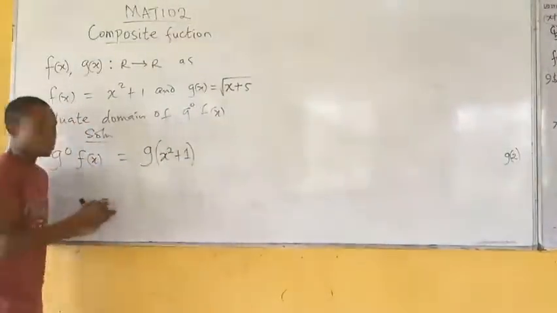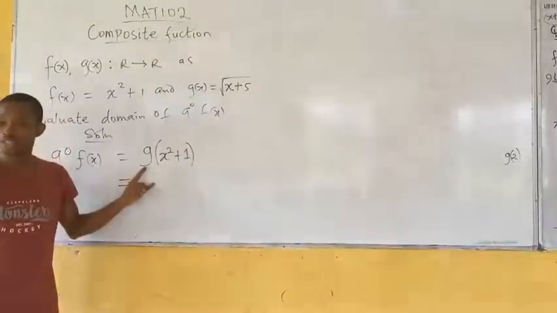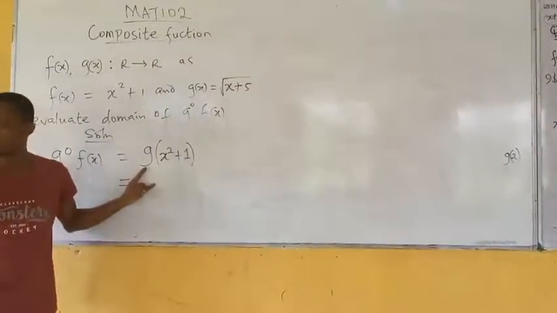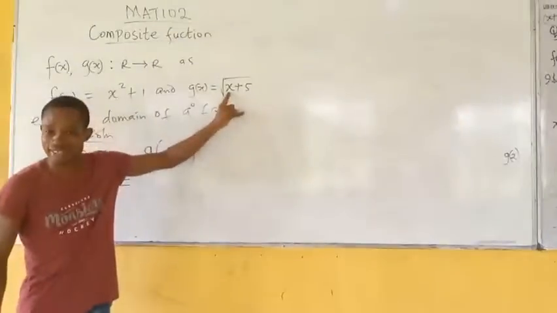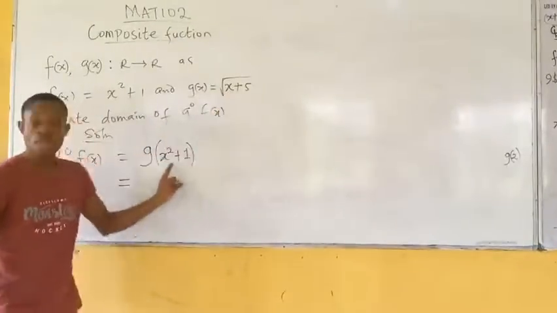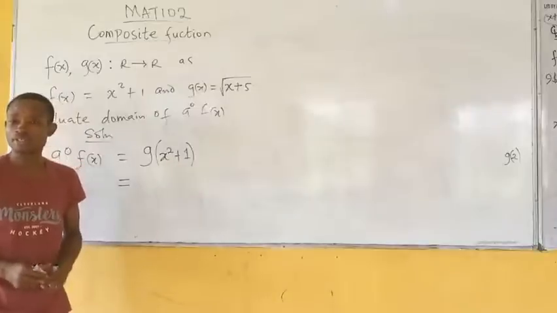Having understood this, we can now say this is equal to: locate the function called g. Have you located it? Yes. Tell me the function, please. Square root of x plus 5. Look at it. So anywhere you see x, you put x squared plus 1. Are you ready?